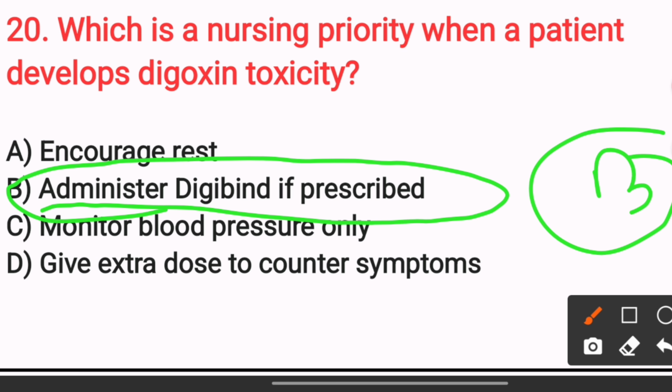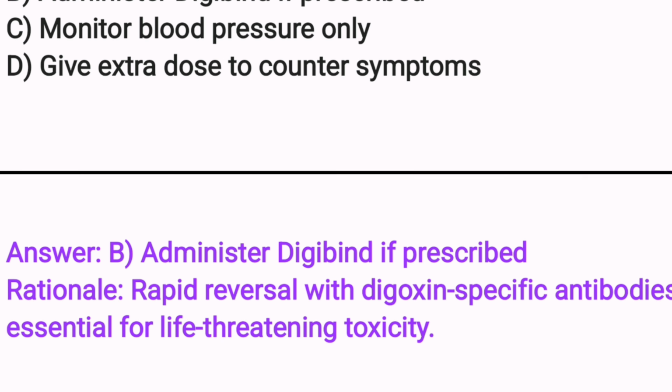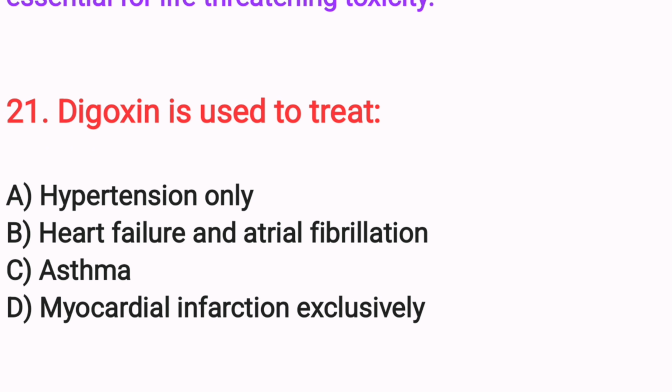Next question. Digoxin is used to treat option A, hypertension only, option B, heart failure and atrial fibrillation, option C, asthma, option D, myocardial infarction exclusively.